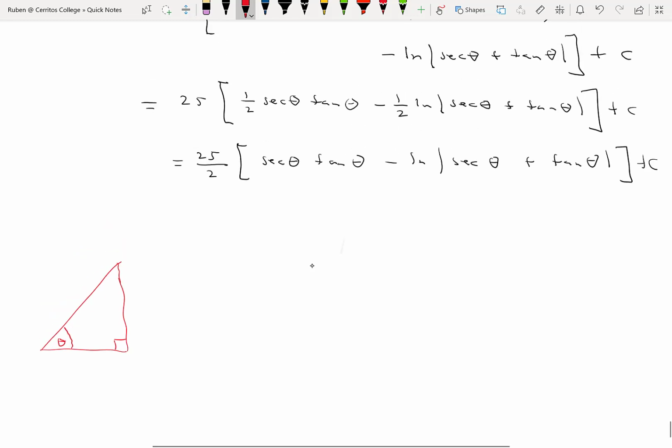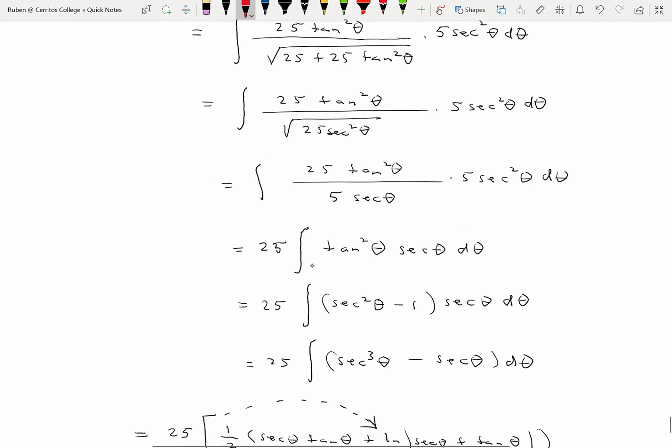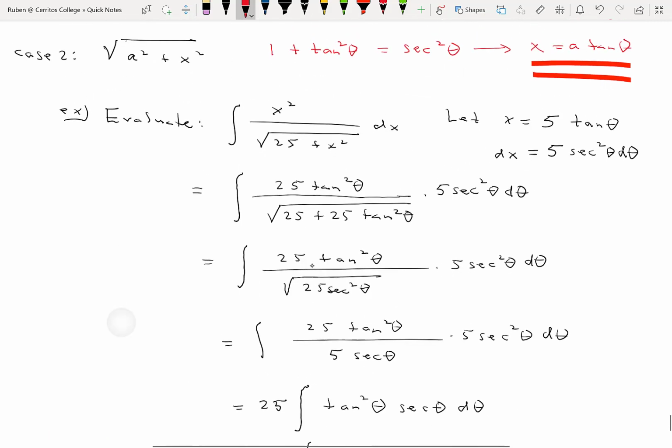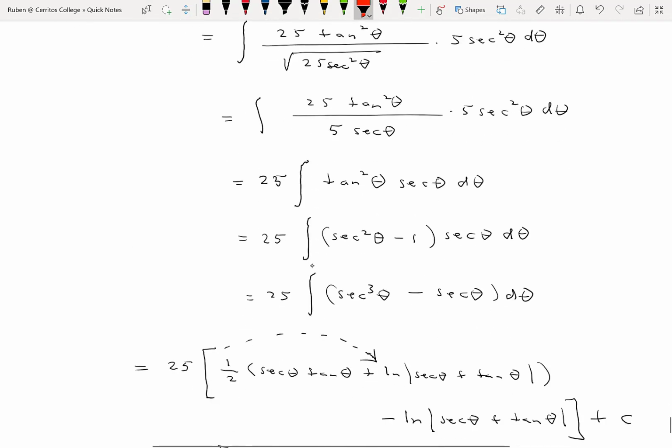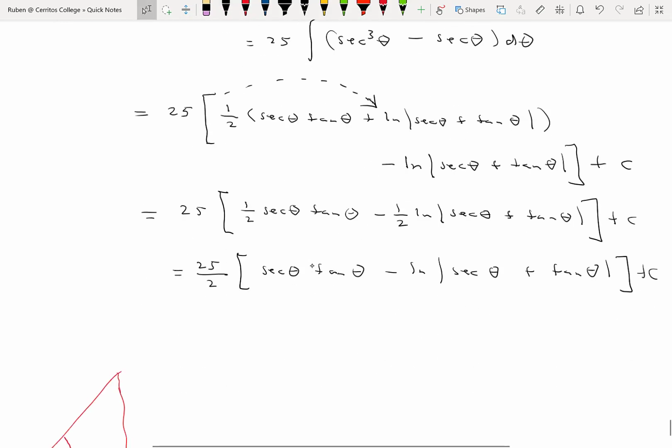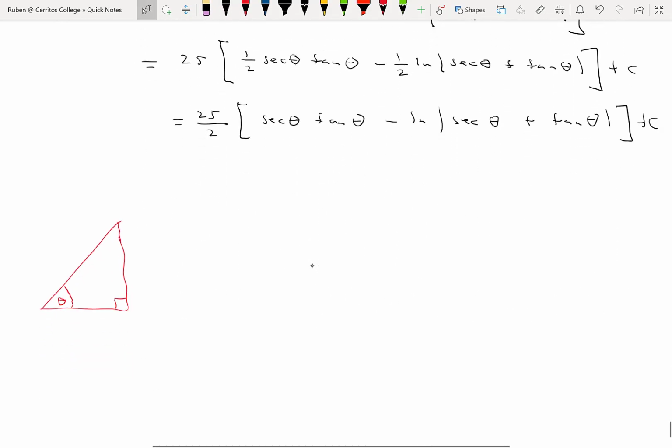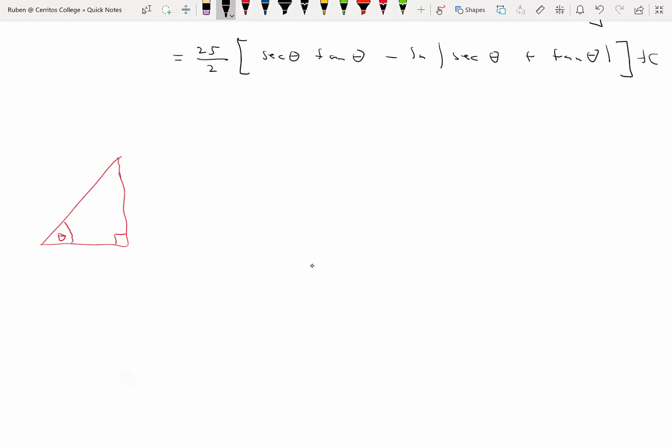The substitution was x equals 5 tangent theta. So let's come back down to our little triangle. X was 5 tangent theta, so that says tangent theta is x over 5.